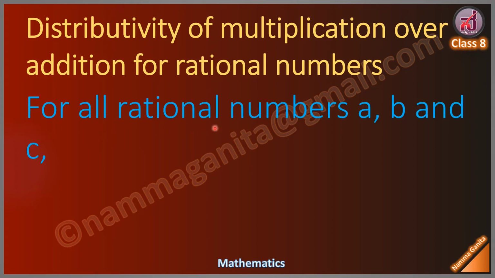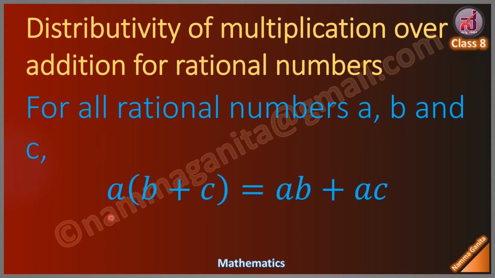For all rational numbers a, b and c, a into, in the bracket, b plus c, is the same as a into b plus a into c. First number into, in the bracket, second number plus third number is the same as first number into second number plus first number into third number.